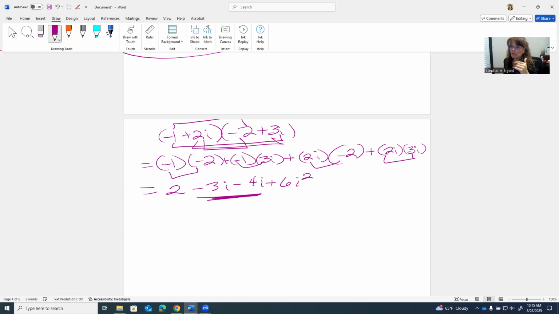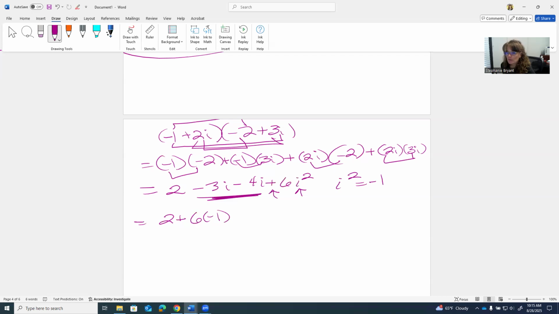Now, I noticed these two in the middle can be put together, but I also notice this i squared. I know i squared is negative 1. So what I'm going to do is rewrite that as 2 plus that 6 times that negative i squared. The reason that 6 is going to be negative is because of the negative in front of the 6.